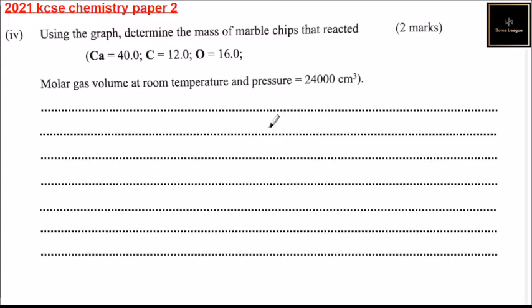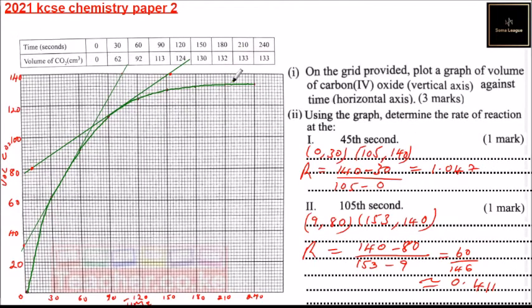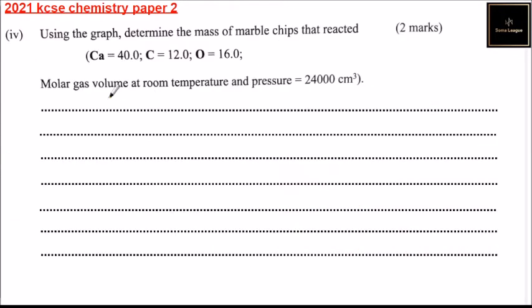If you look at our graph or from the table, you can see that the volume of carbon dioxide is 133 centimeter cube. So you say volume of carbon dioxide is equal to 133.